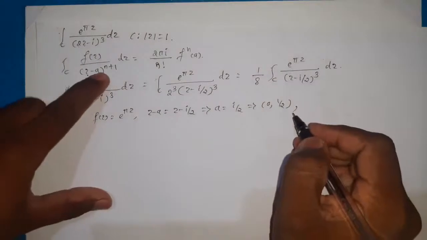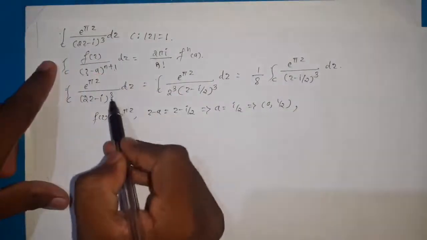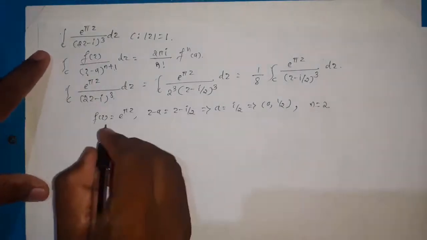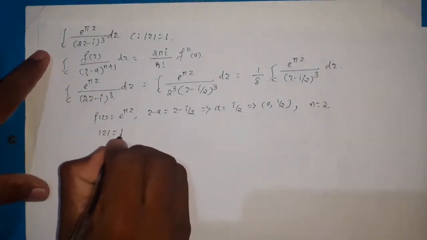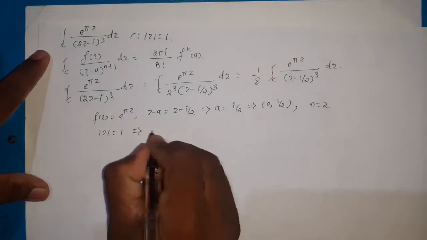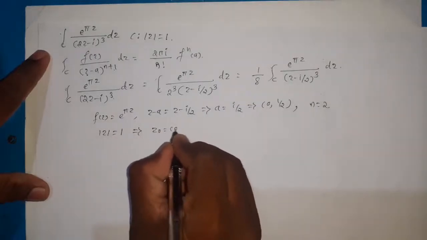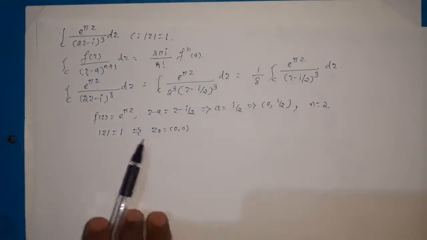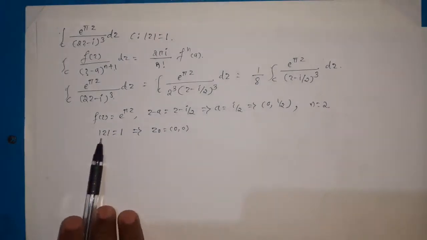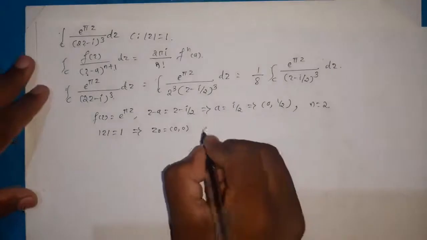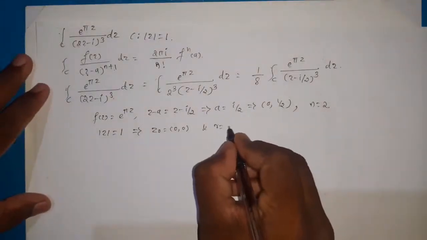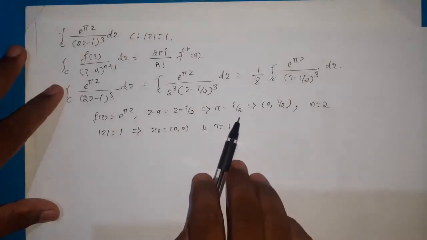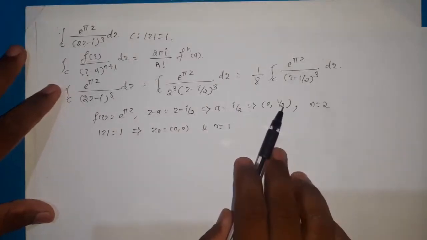So here n plus 1 is equal to what? 3, then n is equal to 2, and the given circle is mod z equal to 1. It implies that z naught equal to 0 comma 0, since the center of this circle is 0 comma 0 and the radius is equal to 1. So here the value of a is equal to what? i by 2 means 1 by 2, right?